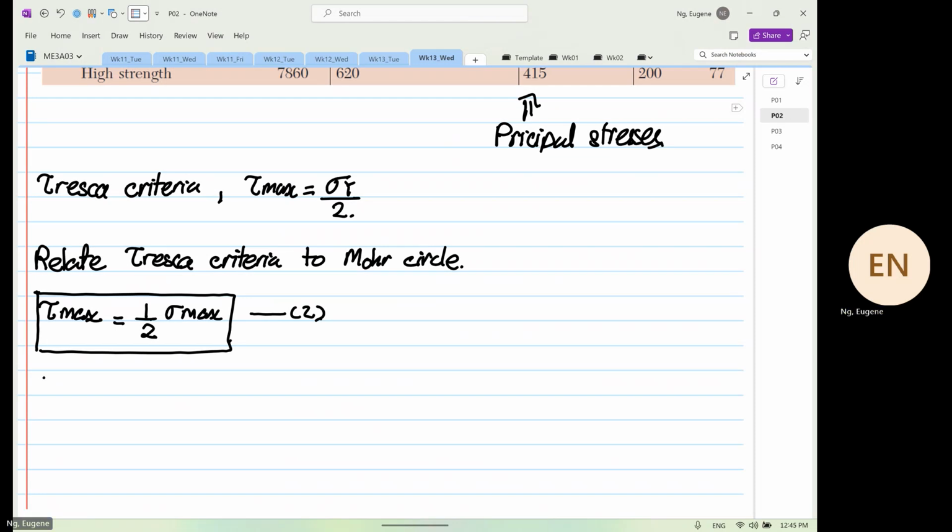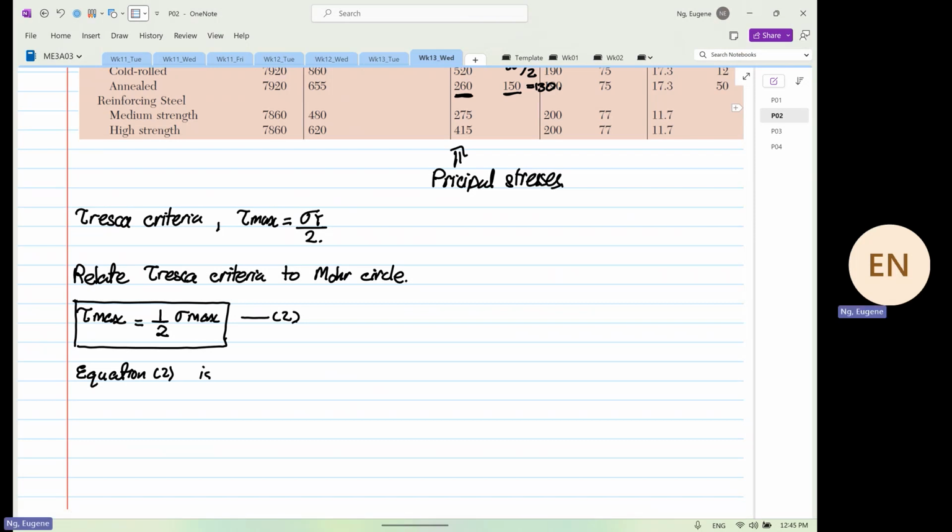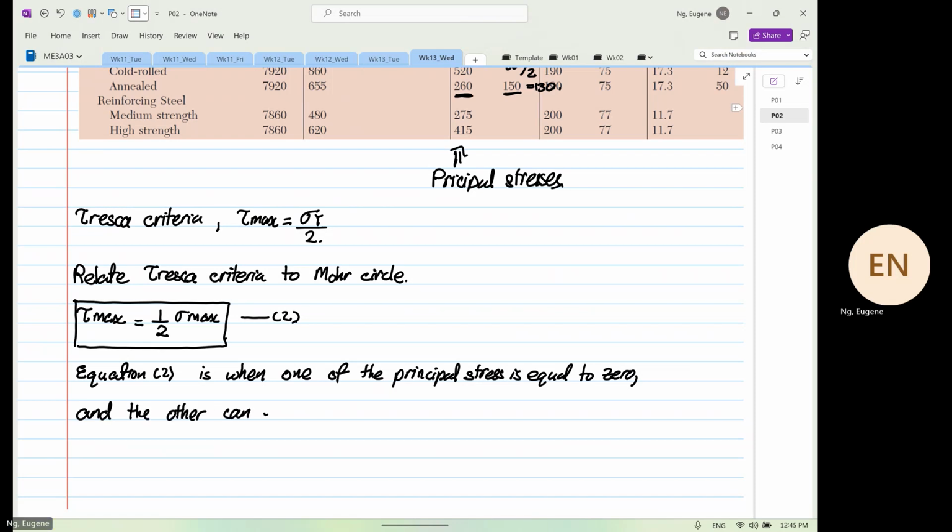So equation number 2 is when one of the principal stresses is equal to 0, and the other can be either positive or negative.